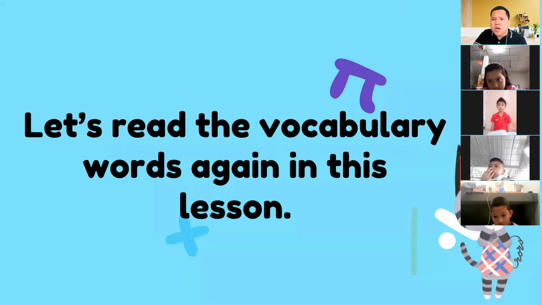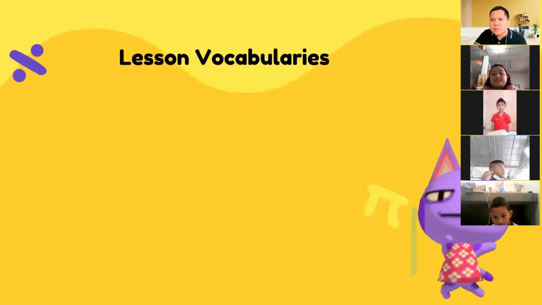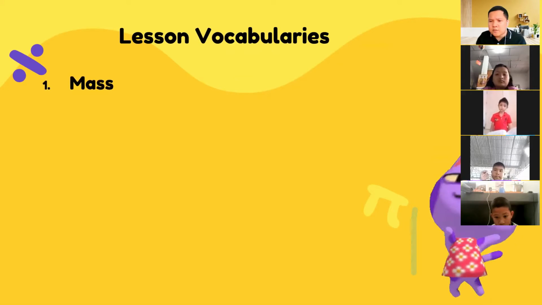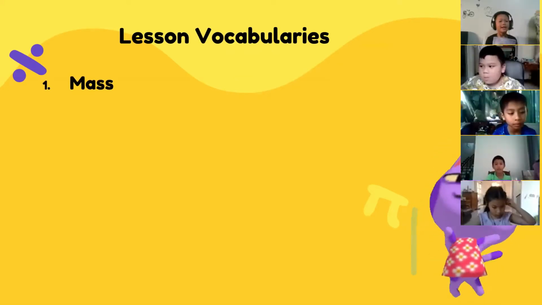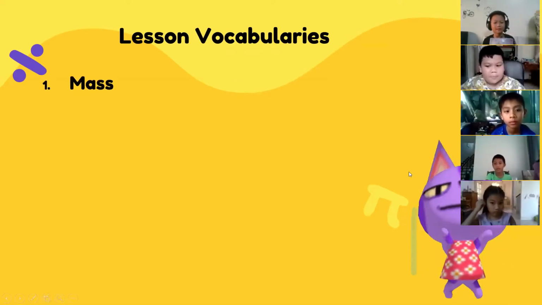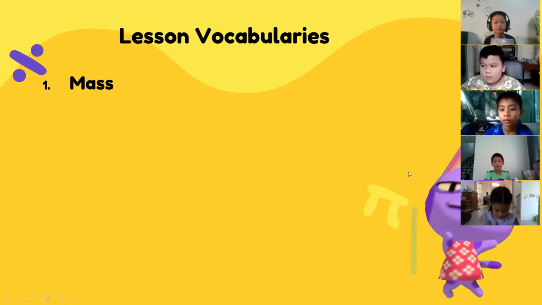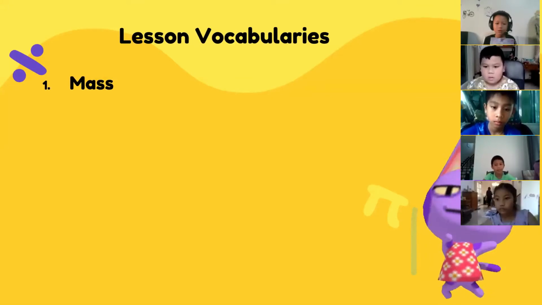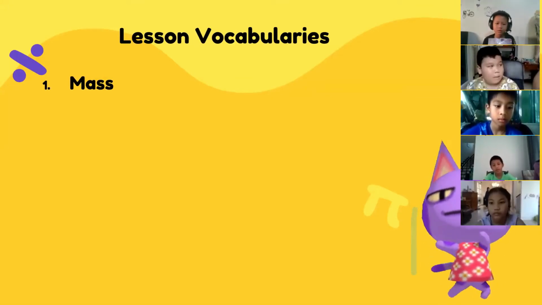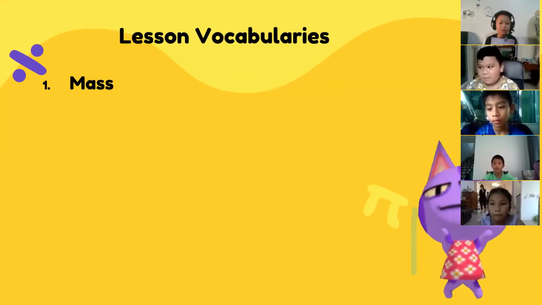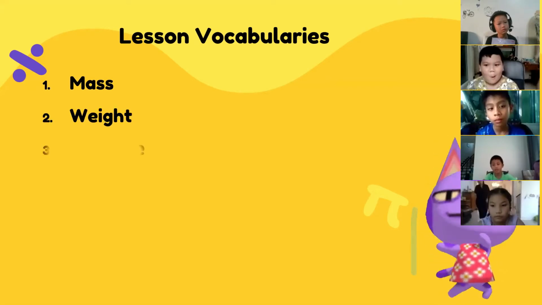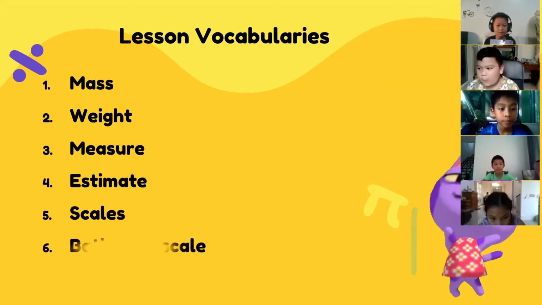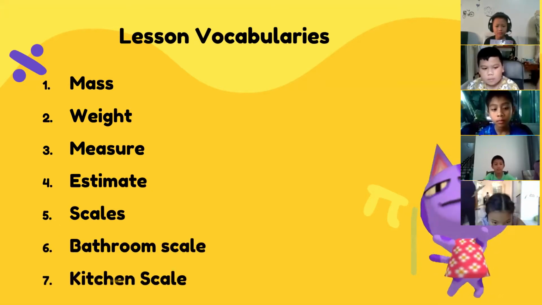Now let's read the vocabulary again. Tawakorn, can you hear me? Please unmute your microphone. Everybody listen. Tawakorn, I want you to read 1, 2, 3, 4, 5, 6, and 7.